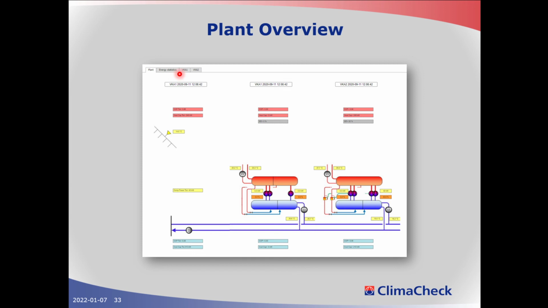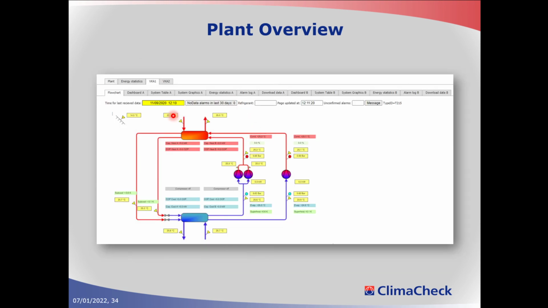You have different tabs up here. The plant tab is what you enter at first. You then have an energy statistics tab where you have total energy, in this case for both of these chillers. And then you can also go in and look at the individual chillers. So if we move on, we now moved from the plant tab to the first chiller.